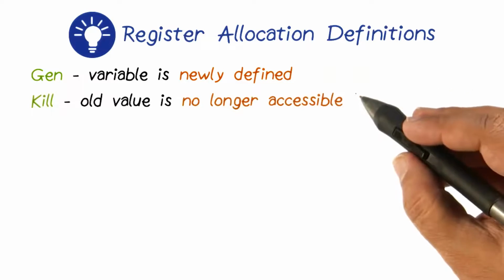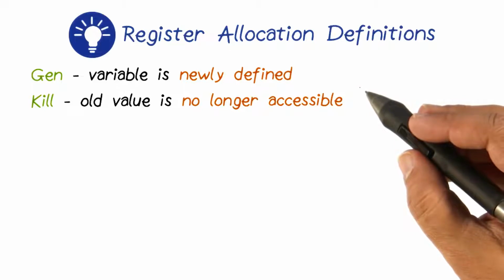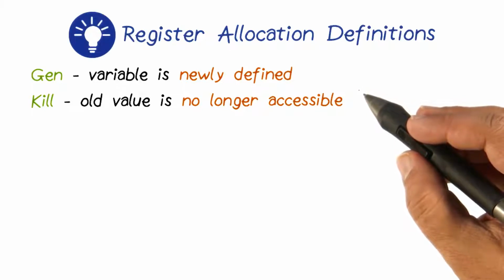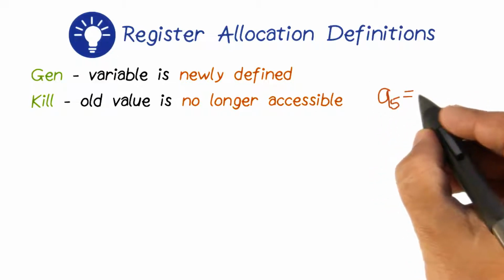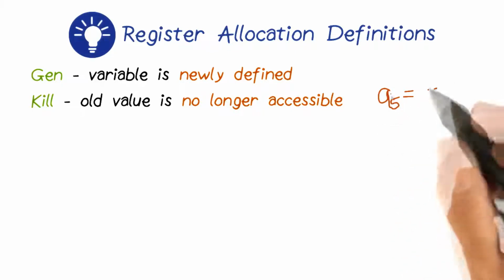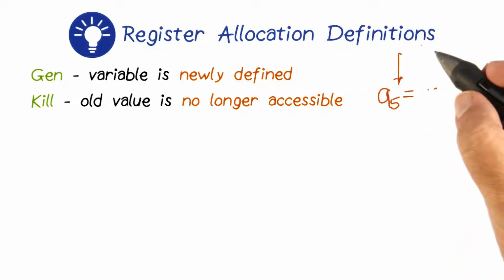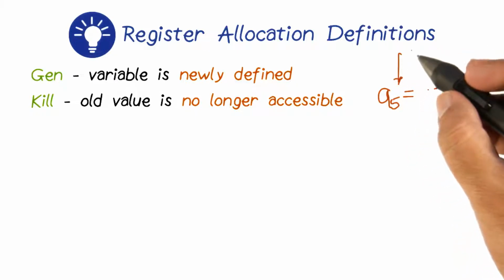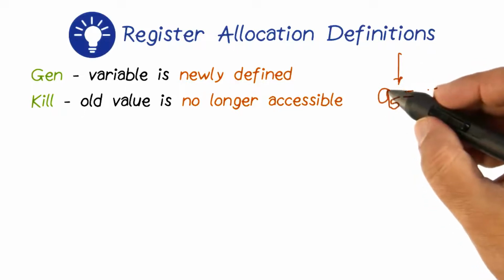The second definition that we will be looking at is called kill. Kill tells us that the older definition cannot proceed further from this point and is killed at this point. Again, let's take the example of A5 being present here, which is a definition of A at position 5. Any other definition of A coming into this point from above is not able to go through because it is shadowed by this definition.